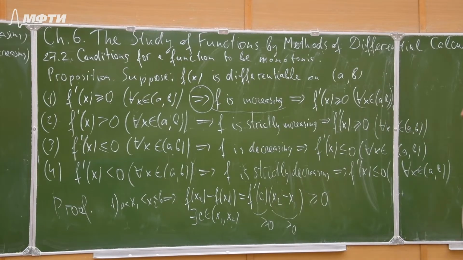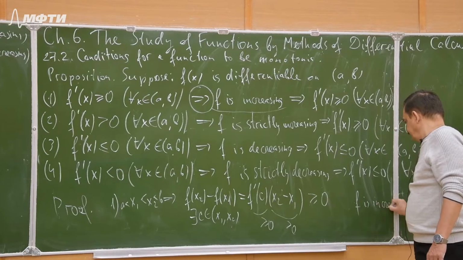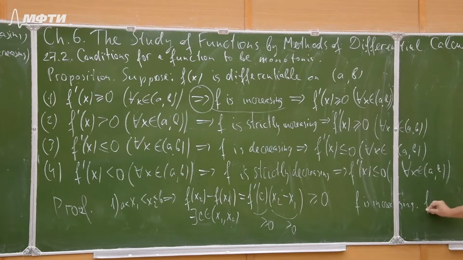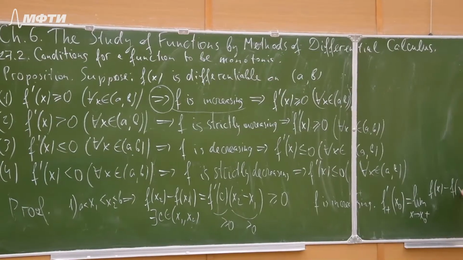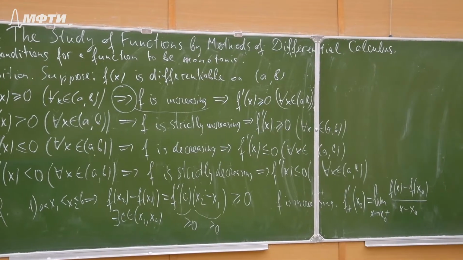Now if f is increasing, then look, f prime plus at a point x0 is the limit as x tends to x0 plus of (f of x minus f of x0) over (x minus x0). Now look what we have here.